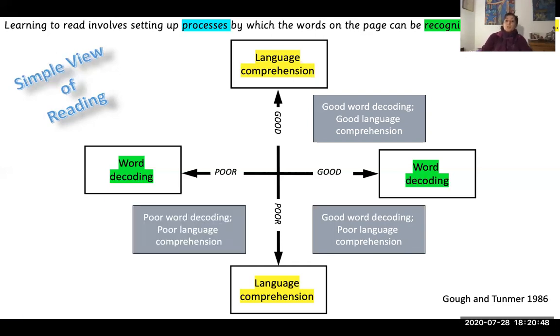We have a third group. This group consists of the children who are behind the processes, that are poor at language comprehension and are poor at word recognition, decoding. Probably these children lack good memory.